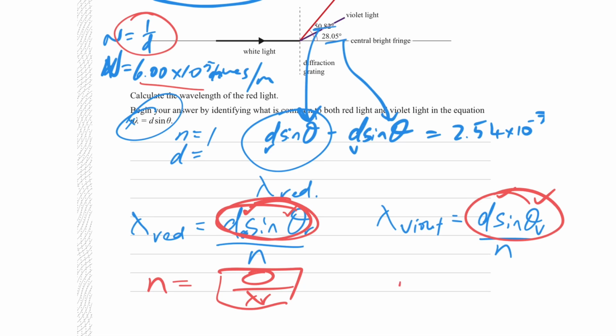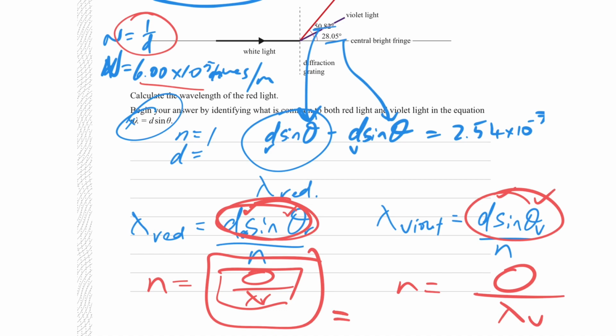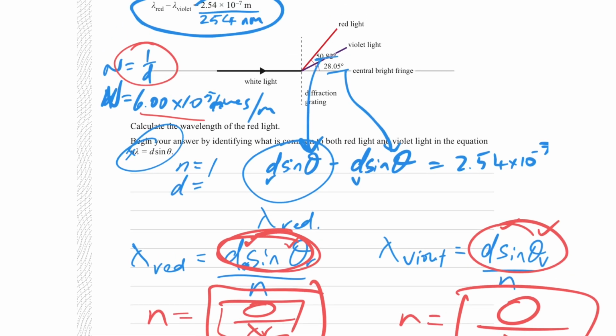It'll be n equals whatever is circled divided by the wavelength for violet. We can equate those. Those two should be the same because they're both equal to n, and it's the same n value that we've used. So we can make that equal to that. And then now we have two equations with two unknowns that we can solve simultaneously.